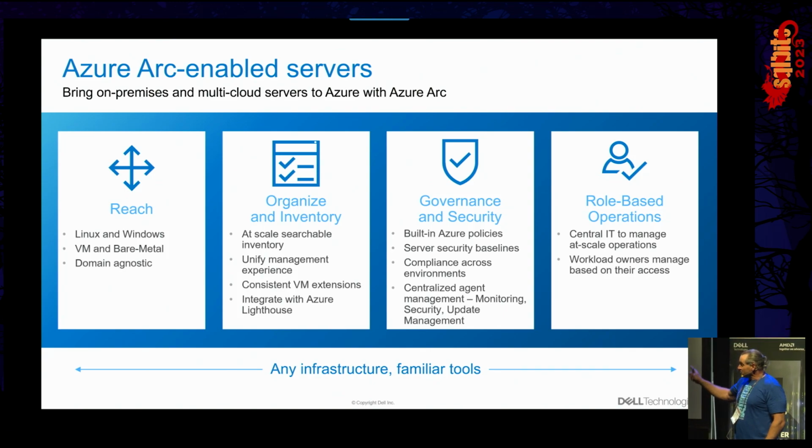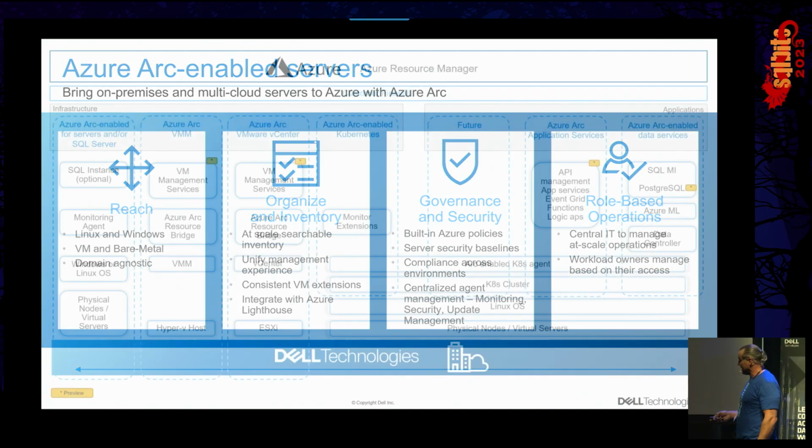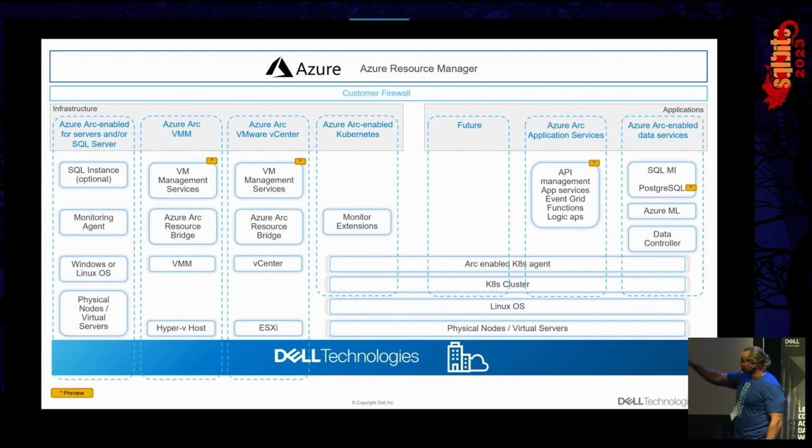Arc-enabled servers first, before we get into the real fun stuff on the app side. You do get this organization and inventory, governance and security. I do a demo actually with this previous slide, which I'm not doing today, but I do servers and I have Azure Arc, VMware, vCenter, Kubernetes, and app services and SQL MI all on a single pane of glass.